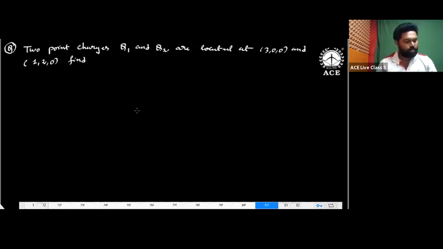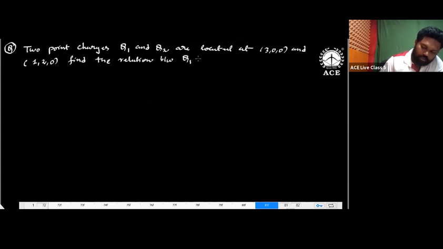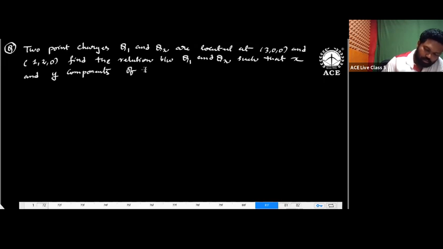Find the relation between Q1 and Q2 such that the X and Y components of the total force on a test charge Q0 placed at (1, -1, 0) are equal.